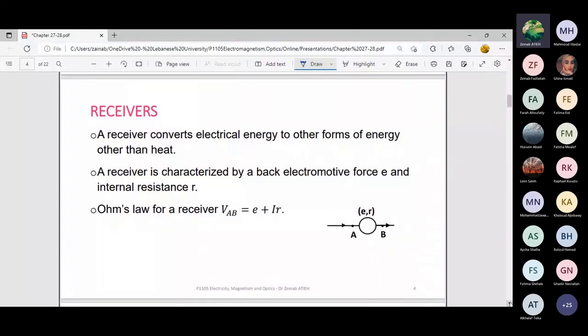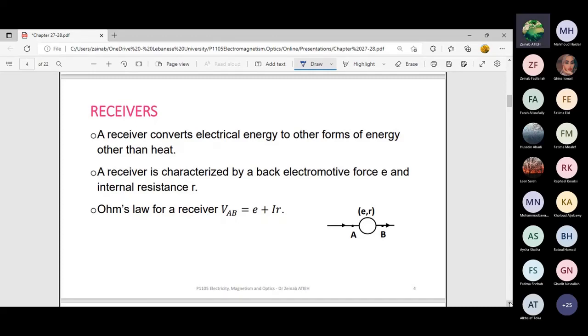So I will go back to define what is back electromotive force. Back electromotive force is the minimum voltage needed by the receiver in order to function. Now, the difference is that here it is E plus IR, and for the generator the formula was E minus IR, simply because the function is different. I will explain why. The generator has a voltage E and tries to deliver this voltage to the circuit.